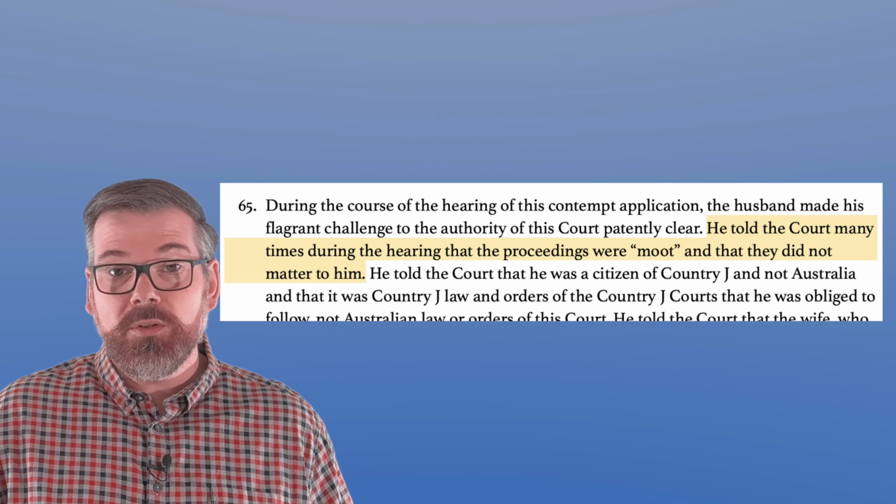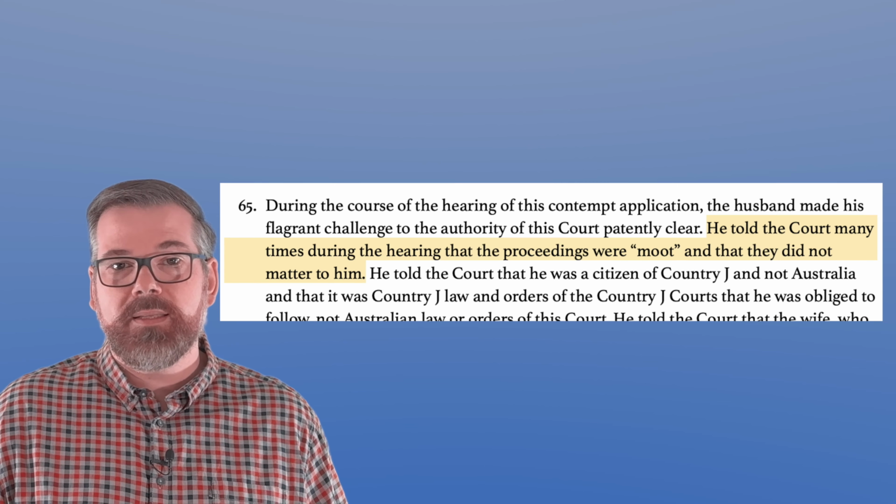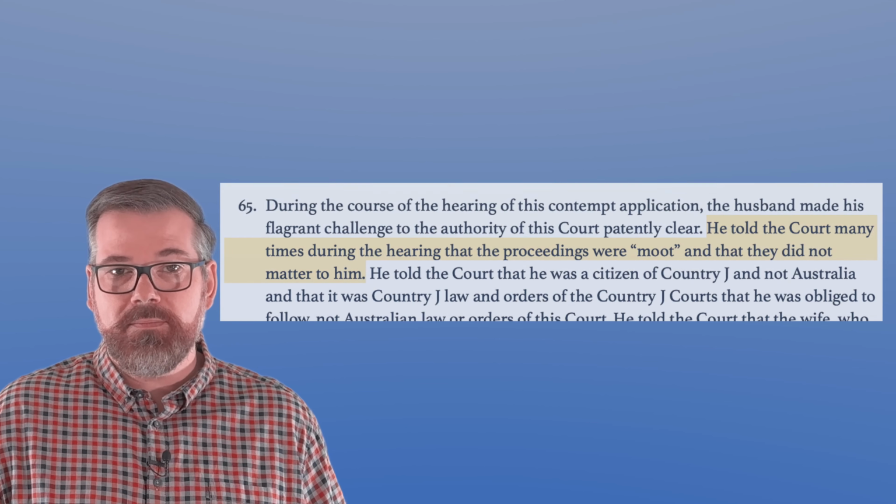Subsection 1, paragraph (a), needs a bit of explanation. It relates to conduct which falls within the ordinary meaning of the word contempt. Some neat examples of such conduct arose in a case called Medapati and Ravanka No. 3, where the husband had told the court many times during the hearing that the proceedings were moot and that they did not matter to him.